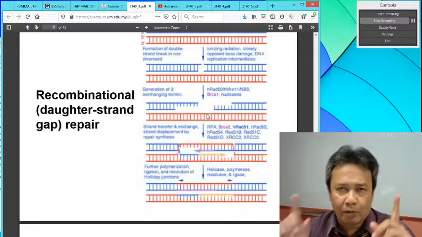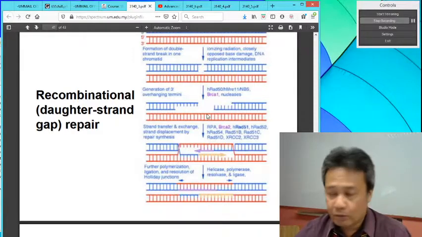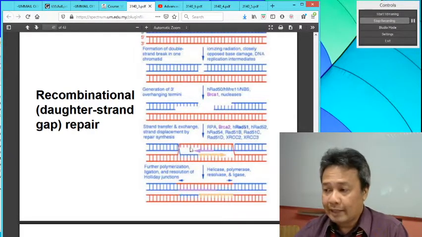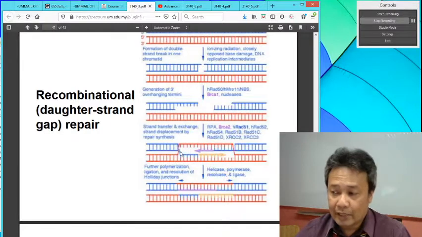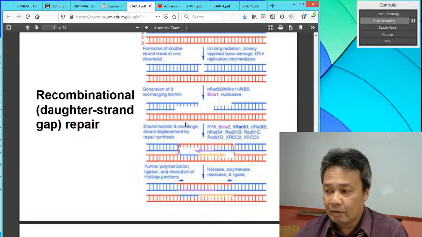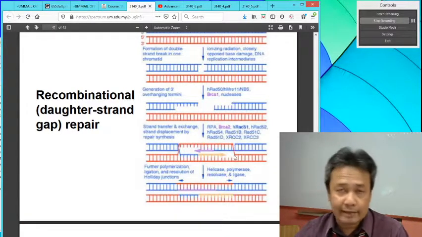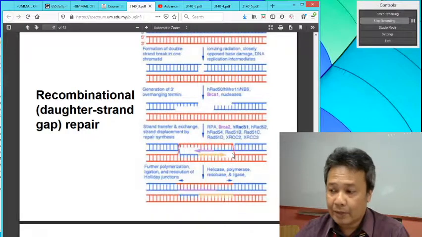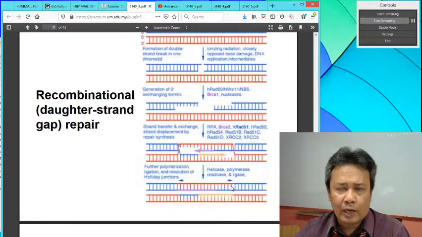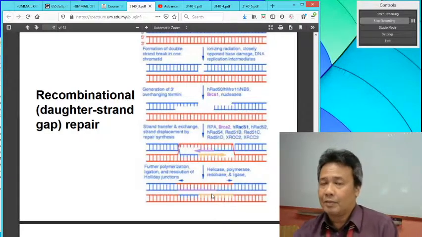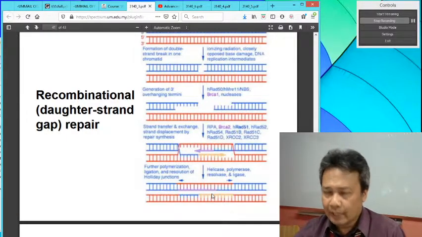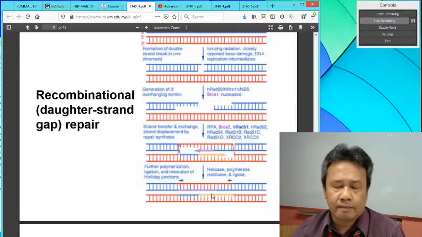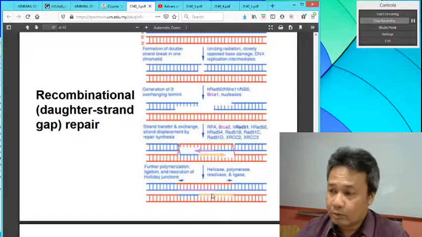You sort of borrow one strand from your homologous chromosome, and then use that as a template for the synthesis of one, and then the other one can, because now the original double stranded one remains single stranded, now you can use that as a template to repair them. So now in the end, you resynthesize both strands, but because they are homologous, it should be alright, because it should contain the same chromosomes.